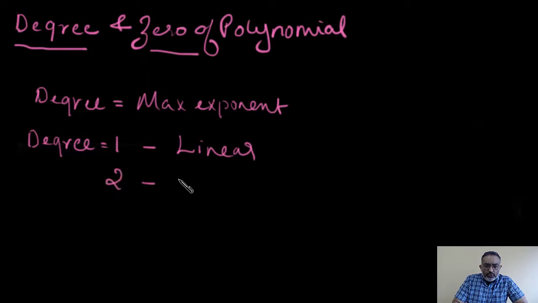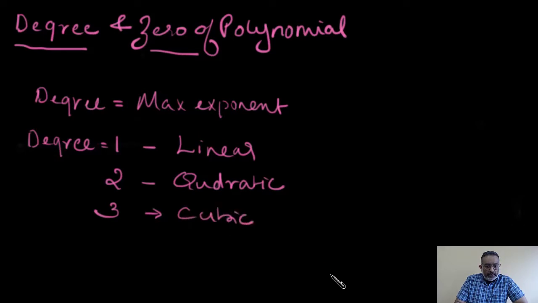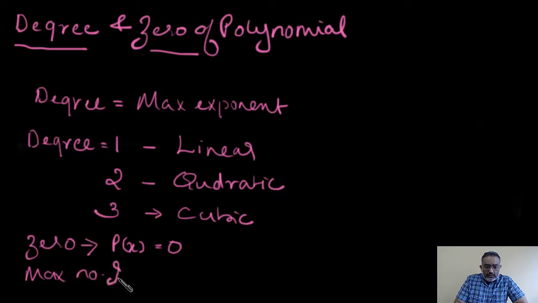If the degree is 2, you have a quadratic polynomial, and if the degree is 3, you have a cubic polynomial. The zero of a polynomial is when the polynomial p of x is equal to 0, and the max number of zeros is the degree of the polynomial.